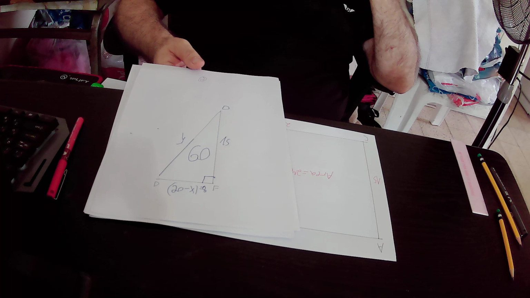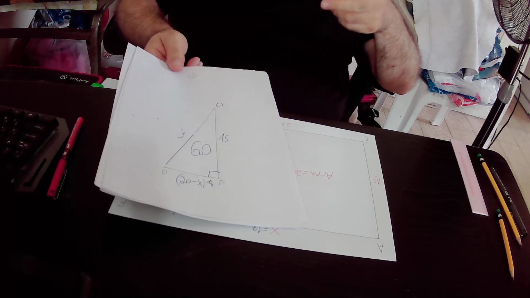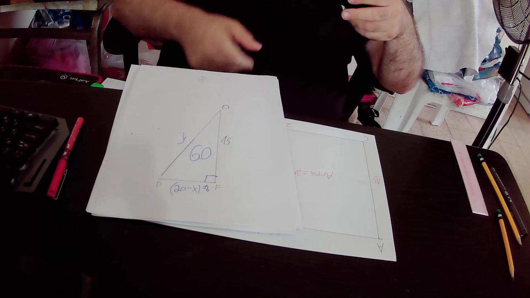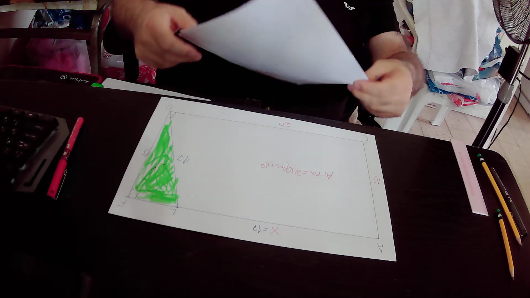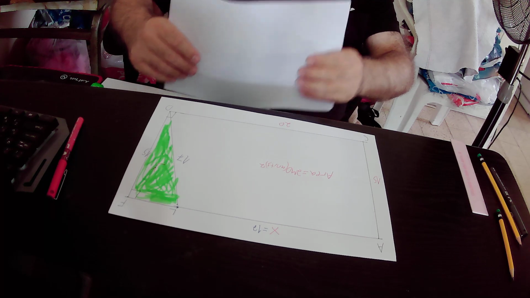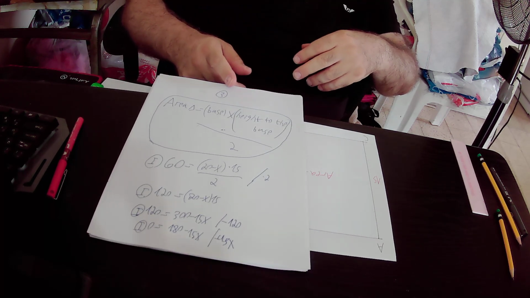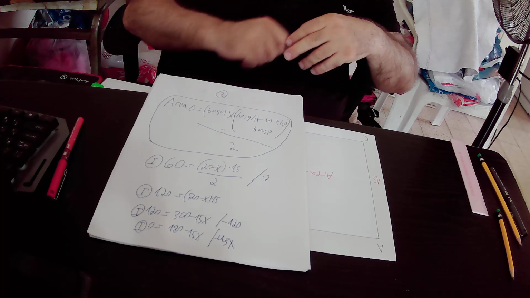So we use the formula for the area of a triangle in order to find the value of x. According to the formula, the area of a triangle equals the base of the triangle times the height to the base over 2.